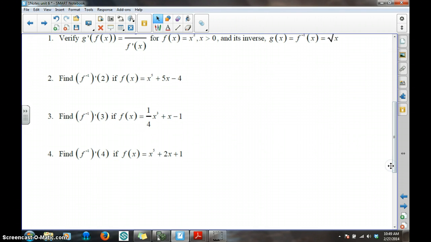Let's go down to this first example. The number that they're going to ask me to plug in is a number that they're asking me to plug into the inverse function. It's an x that I'm putting into the inverse function.